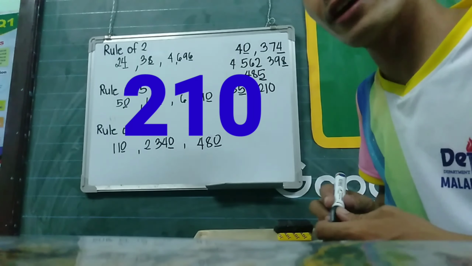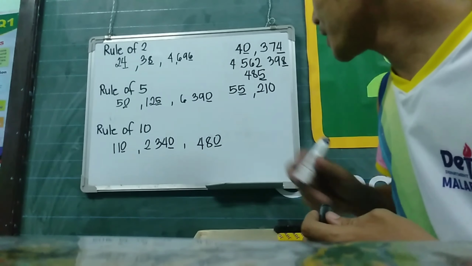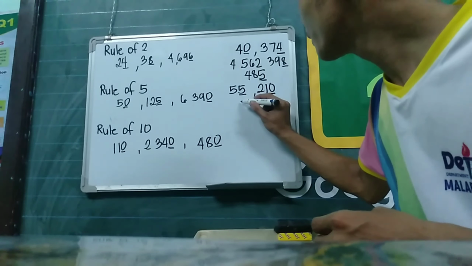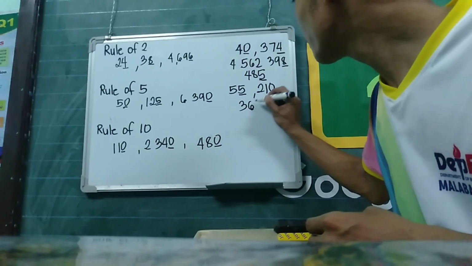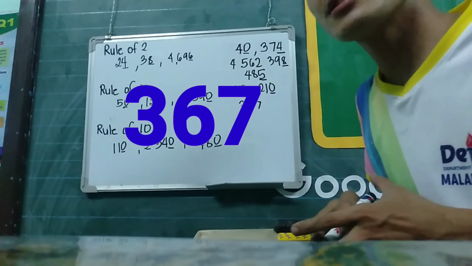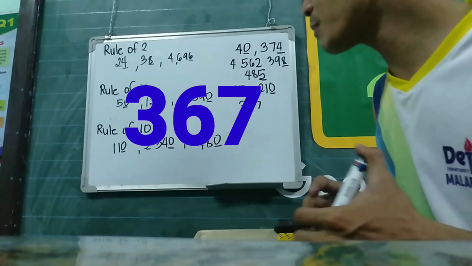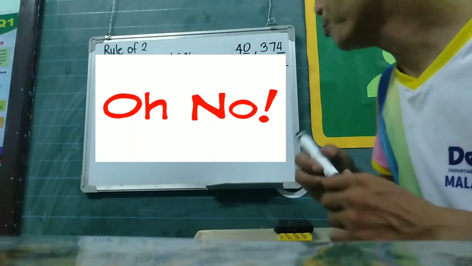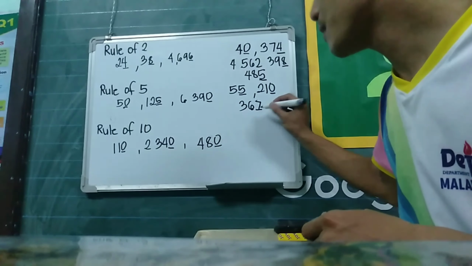Is it divisible by 5? Yes, divisible by 5 because it ends with 0. 367. Is it divisible by 5? Oh no! Why? Because the last digit is 7.